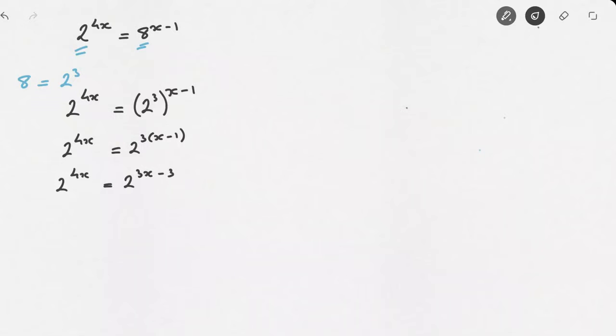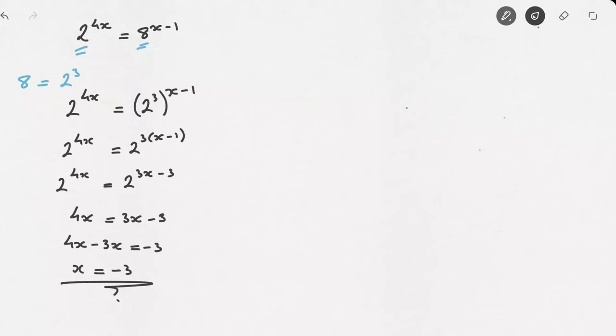In other words, we can now just solve this. 4x equals 3x minus 3. And so subtracting 3x from each side of the equation would lead us to 4x minus 3x equals negative 3. Finally, this leads us to the final answer, which would be x equals negative 3.